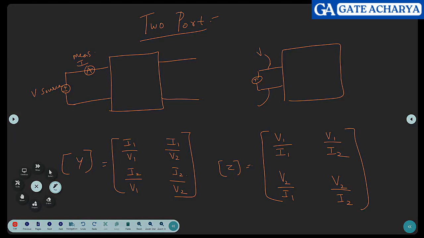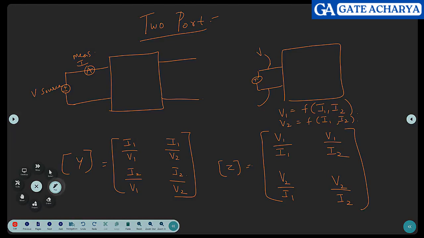What are the things I want you to pay attention to? What are the sources here? V1 is a function of I1 and I2, because these are the sources and this is the measurement. V2 is a function of I1 and I2. When you are measuring at port 1, you should silence port 2.